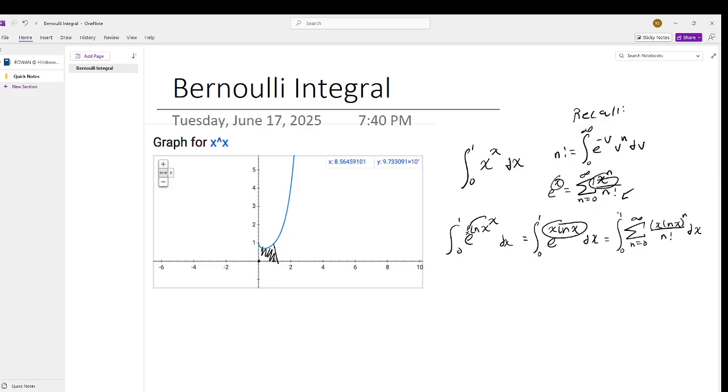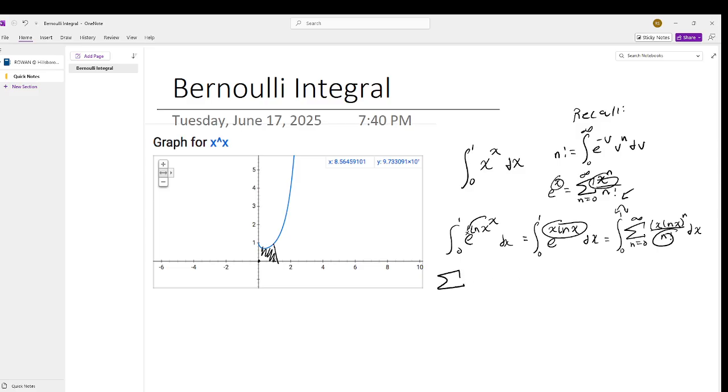Something that we can do in this problem is switch the integral sign and the summation sign. I'm not going to prove it because that would be a whole other lengthy process, but it actually ends up proving itself if we complete this integral. So here we go. We're just going to swap them, and then bring this n factorial outside of the integral because it doesn't relate to this variable x here.